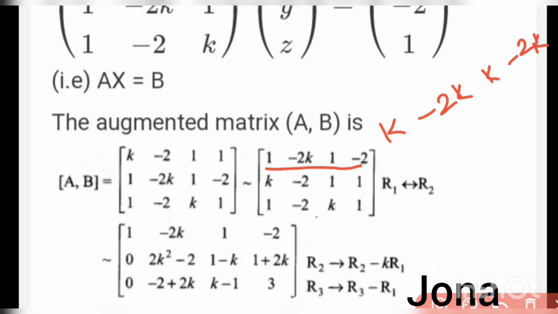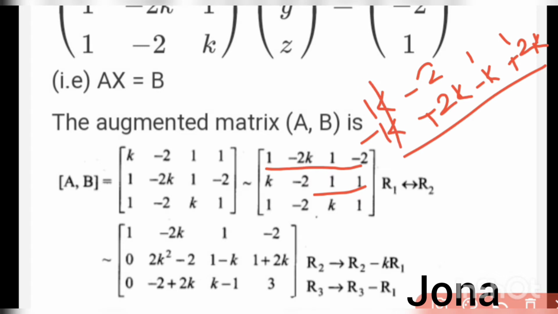R2 is k, minus 2, 1, 1, so subtracting, k minus k is 0.